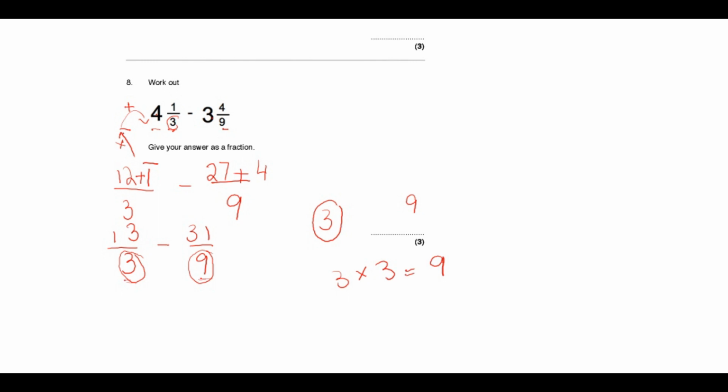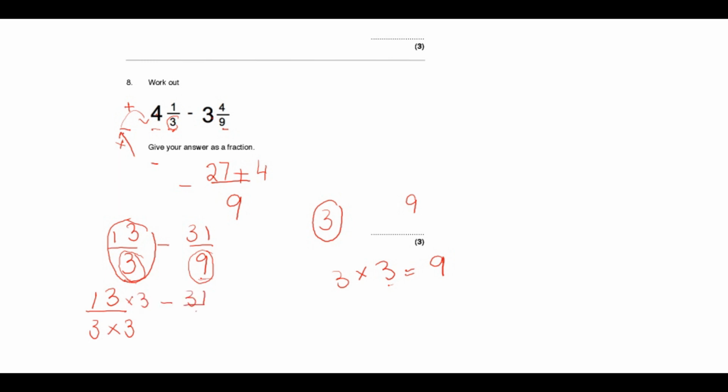So now I need to change my first fraction, which is 13/3. When you need to change it, it means you have to multiply the top and bottom by 3, like this and like this, and the second fraction will remain same.